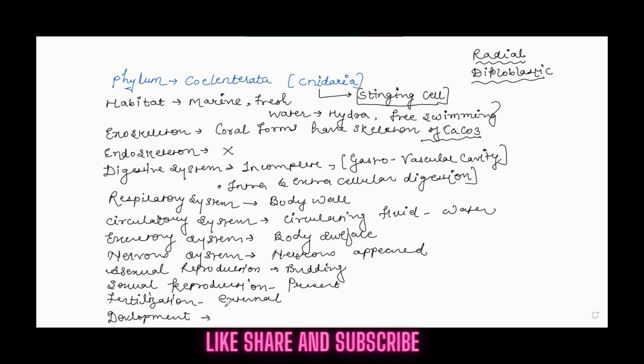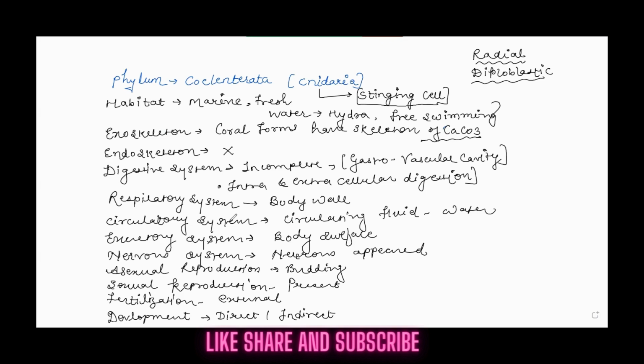So development here, we find both types, direct and indirect. Okay. So here we find some larvae also and direct development also. Okay. Now, these are the very common points about our group Cnidarian.